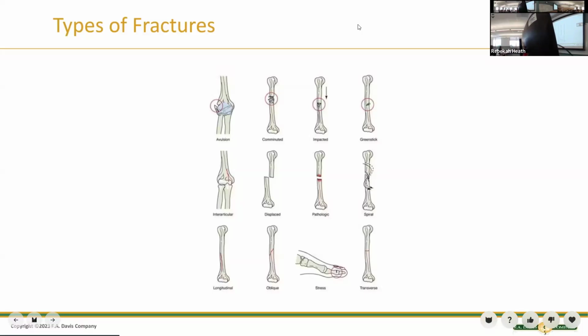Impacted, that's where usually somebody falls down and your bones took a lot of that weight, and it kind of broke and brought the pieces together. Greenstick fracture, do you remember, this is when the bone bends a little bit, and you can usually see a fracture just on the side. What population do we usually see this in?